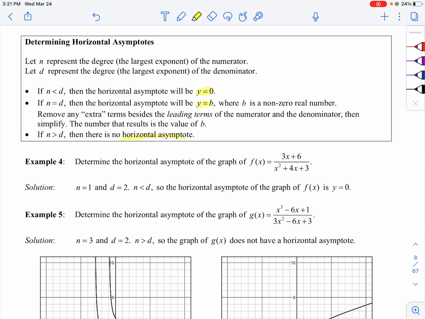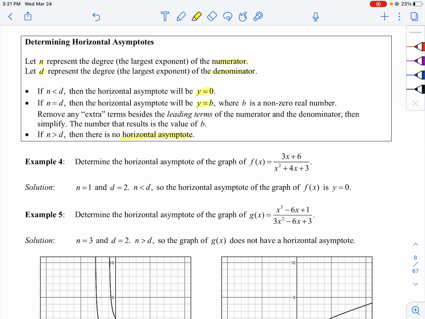The first rule is, whenever I say n, I mean numerator. Whenever I say d, I mean denominator. Let n represent the degree, which means the largest exponent of the numerator. Let d represent the degree, or the largest exponent, of the denominator.